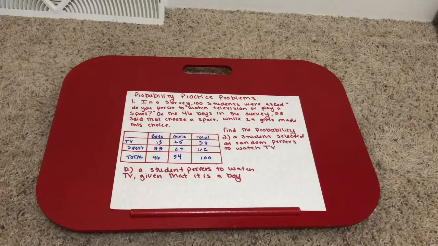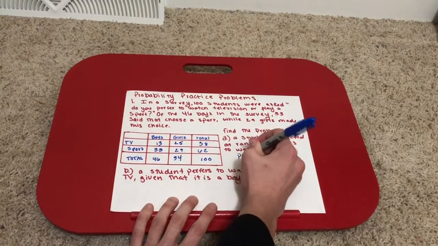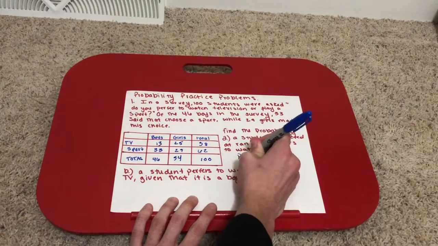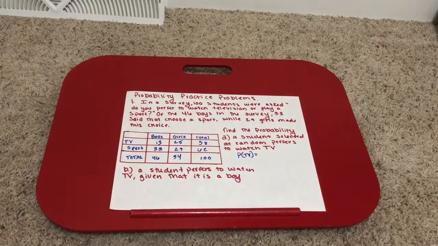So now the first question is, find the probability that a student selected at random prefers to watch TV. So now we're saying the probability of a random person that watches TV. So the total number of people is 100.